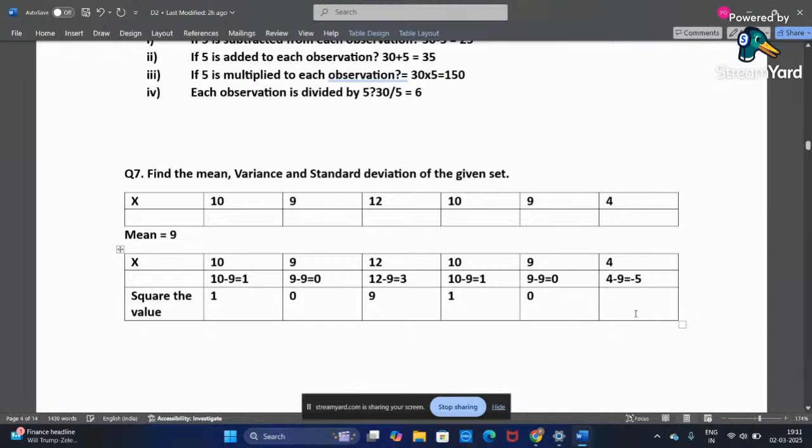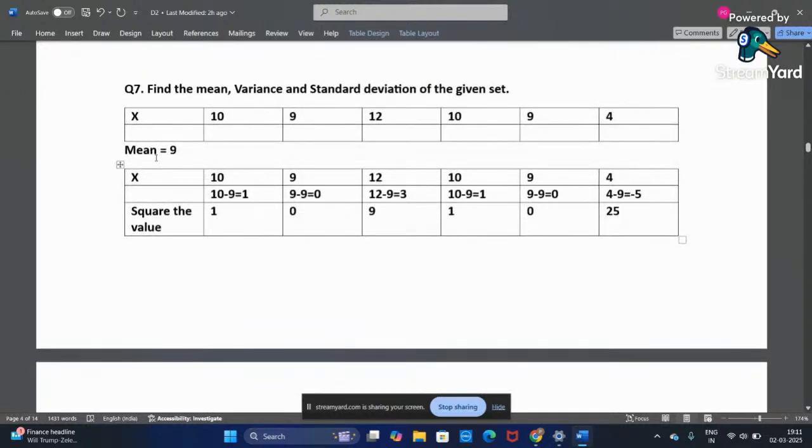Here minus 5 to the power 2 is 25. Then we need to add all these numbers, the sum of all the squared numbers: 1 plus 0 plus 9 plus 1 plus 0 plus 25. How much is it? We get 36. 36 is the sum of all these numbers, right?